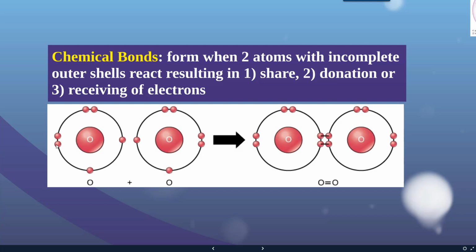You'll notice that there are also 2 sets of paired electrons in each of these atoms. Electrons like to be paired up, so when they are paired up, they're not going to form any kind of bonds. It's only the unpaired individual ones floating around that are going to want to form those bonds. They form a chemical bond, and those 2 electrons are going to share between the 2 different atoms of oxygen.